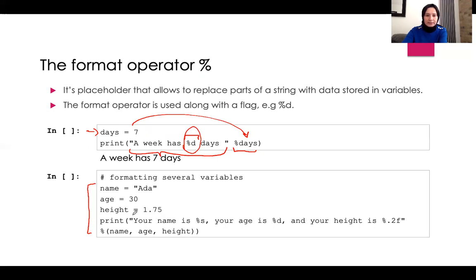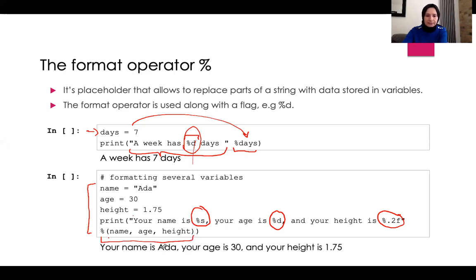When we want to insert them inside this text, we use %s for the string, %d for integers, and %f for float numbers. And at the end of this string, again, we have to enter all the variable names inside the parentheses, as you can see here.